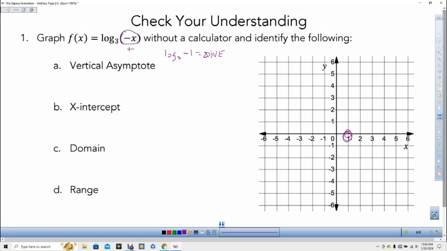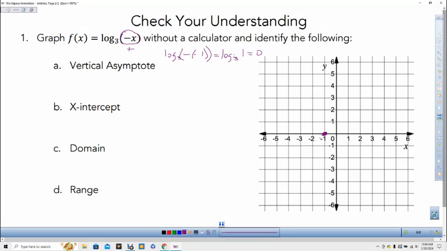But what happens when I take negative 1 and plug it in? Remember, I've got the negative, and then if I plug in a negative 1, my negative times negative gives me a positive. So now I have log base 3 of positive 1, which gives me 0. So at negative 1, I have the point 0.